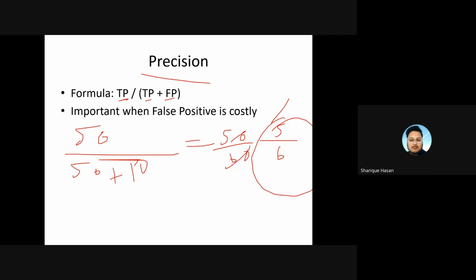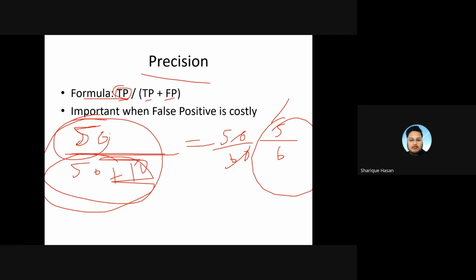Precision takes the total positive values you predicted, and asks how many of them are truly positive. So we calculate 50 by 50 plus 10, which is 50 by 60, equal to 5 by 6.